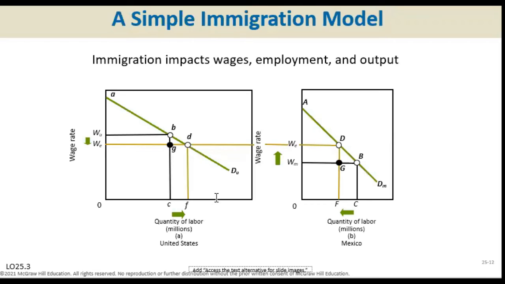So to illustrate this simple immigration model, let's look at these two graphs over here. The first one being the United States and B is Mexico. Okay, so this simple immigration model allows us to see the migration of low wage Mexican labor to the United States.